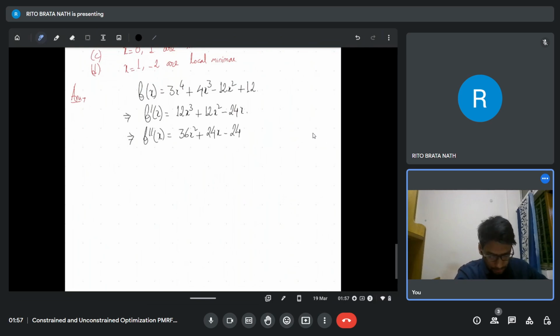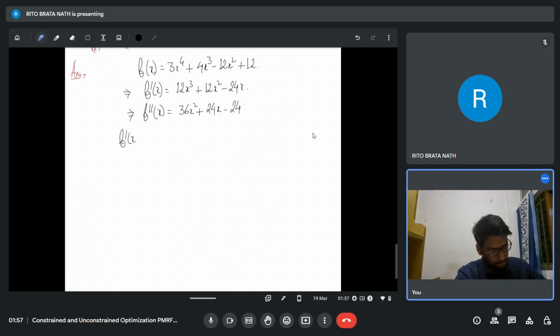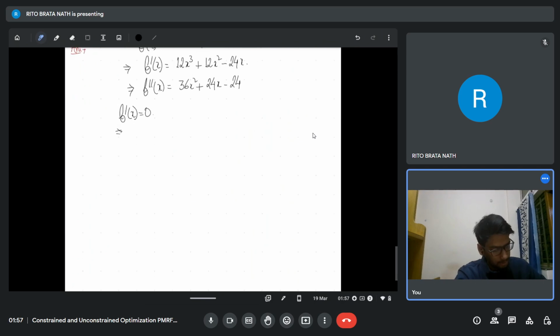Okay, so now we have to set this f prime x to 0. So that will give me 12x cube plus 12x square minus 24x equals 0. We can take 12 out. So that's x cube plus x square minus 2x equals 0.